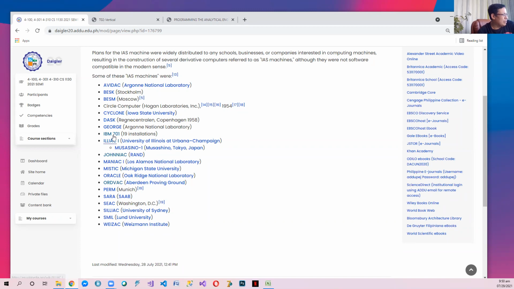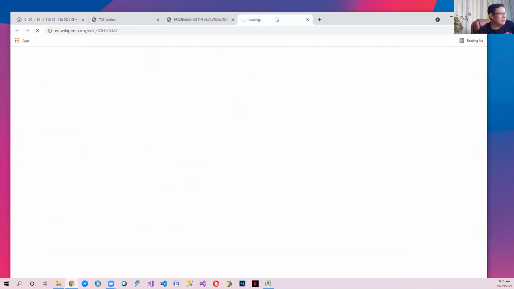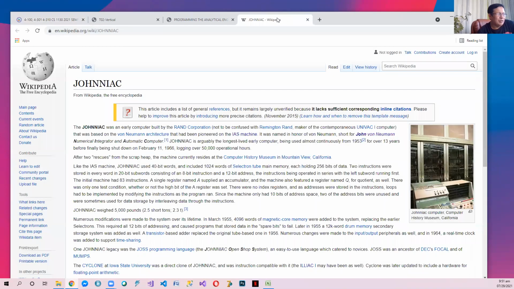The important ones were the IBM 701, ILLIAC, and UNIVAC by Remington Rand Corporation. Remington Rand is a popular company which produces mechanical adding machines. You follow? They developed UNIVAC for John von Neumann, the Universal Numeric Integrator.